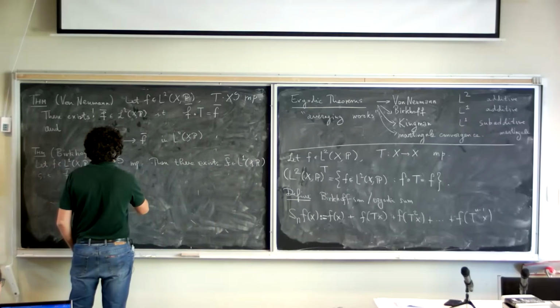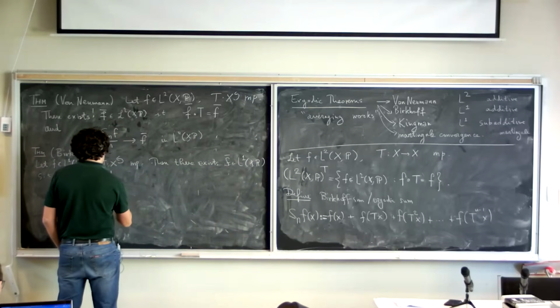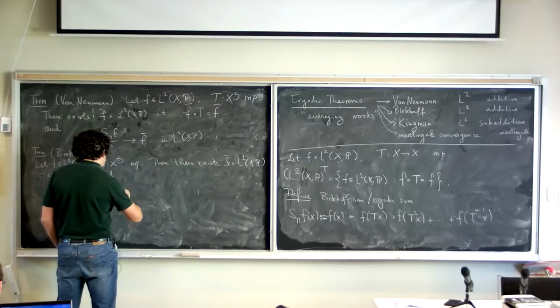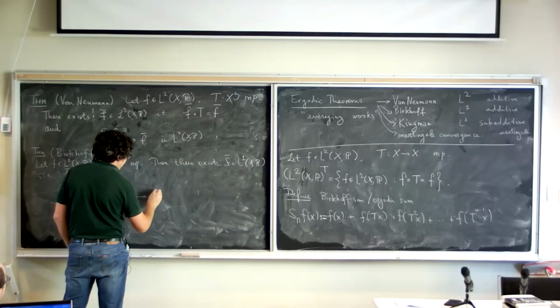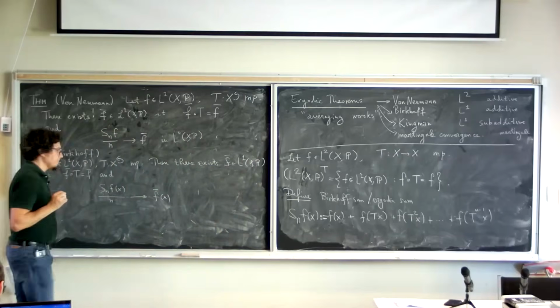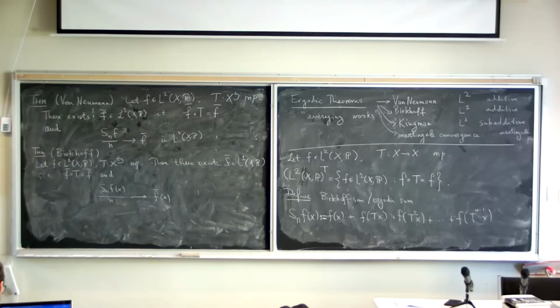And the convergence is stronger. So S_n F of X divided by n converges to F bar of X. Not just in L2, but actually in L1, but not just that.